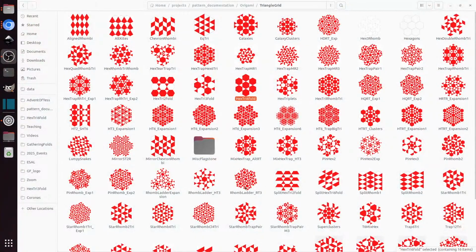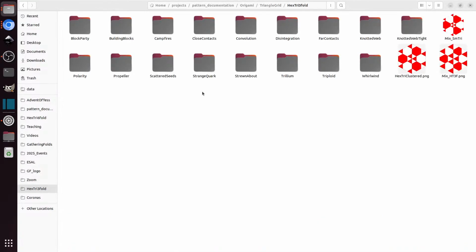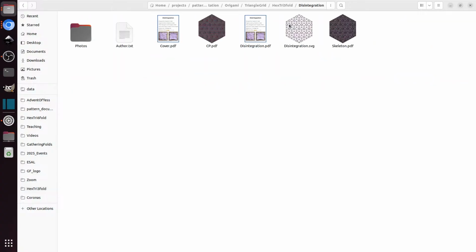In this file system, I have everything organized by tiling, and I'm able to go in and say, okay, hexagons and triangles threefold, that's here. And the pattern I'm working on is disintegration, and I can bring up the crease pattern just like that.